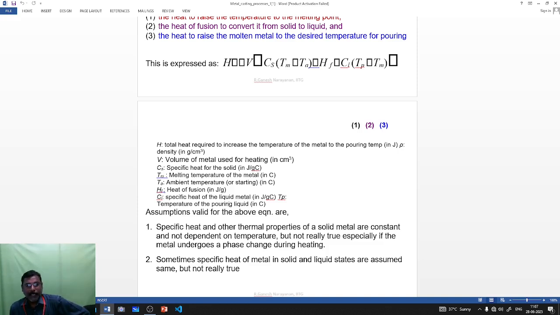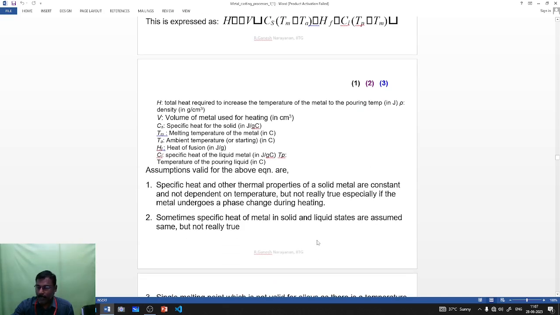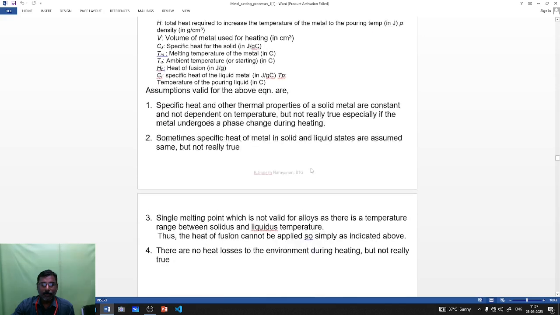The specific heat and other thermal properties of solid metals are assumed constant and not dependent on temperature, but this is not really true, especially if the metal undergoes changes during heating. Sometimes the specific heat of the metal in solid and liquid states is assumed the same, but this is not really true.